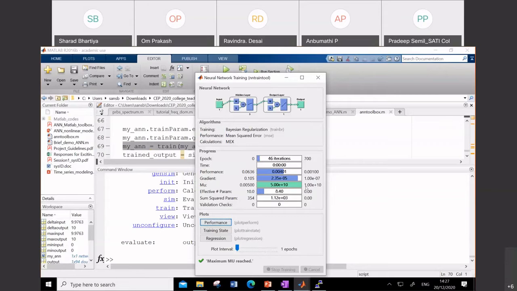So all these are methods by which a code can stop running. There has to be an exit criteria. It may not converge, and it cannot just go on and on. So there are some exit criteria which are built in. Performance goal is an exit criteria. Number of epochs is an exit criteria, and so on.